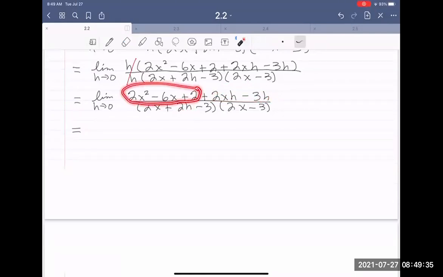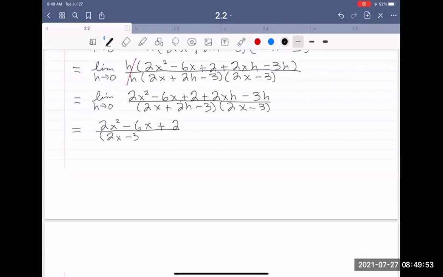So I have that this is equal to 2x squared minus 6x plus 2 over 2x minus 3 times another 2x minus 3.